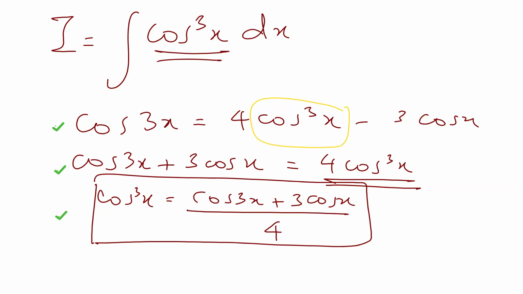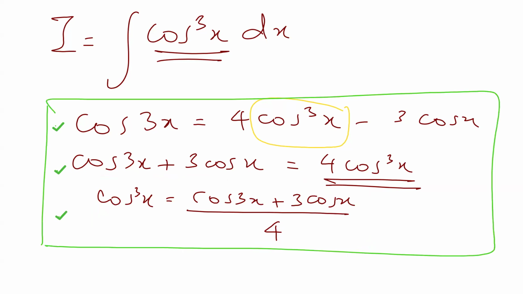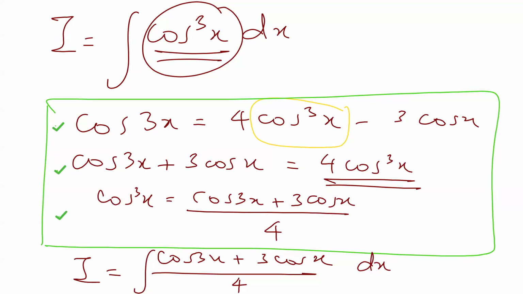So directly, what I will do is I'll put this in a box and then integration of cos cube x, cos 3x plus 3 cos x upon 4 dx. 1 by 4 moves outside. So this will be cos 3x plus 3 cos x.